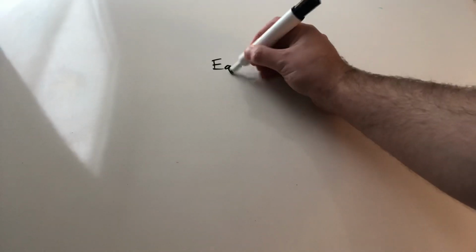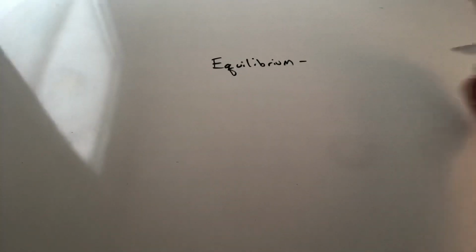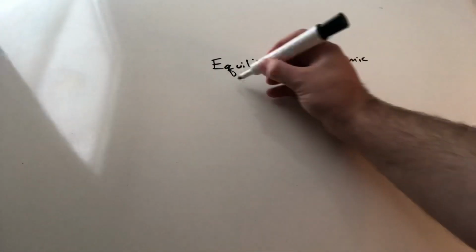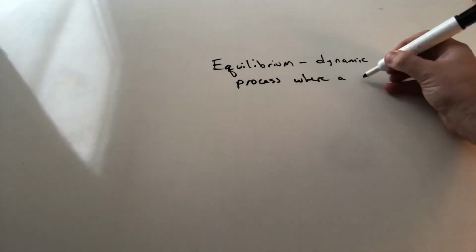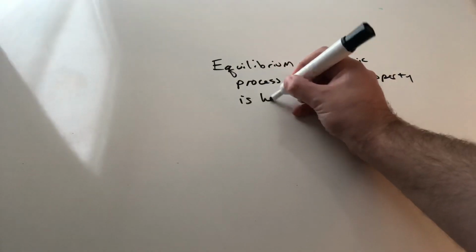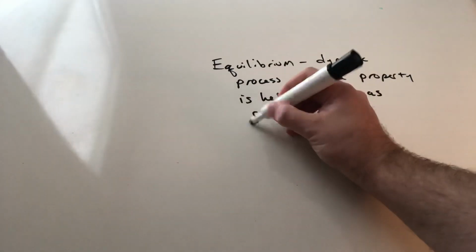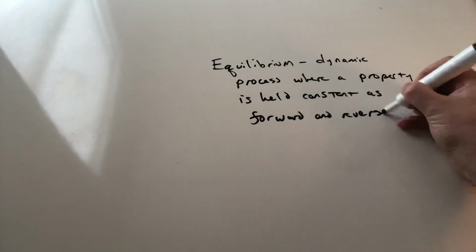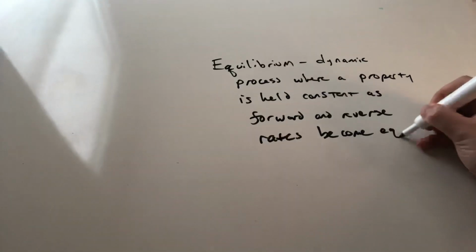All right, equilibrium is defined as a dynamic process where a property is held constant as forward and reverse rates become equal.